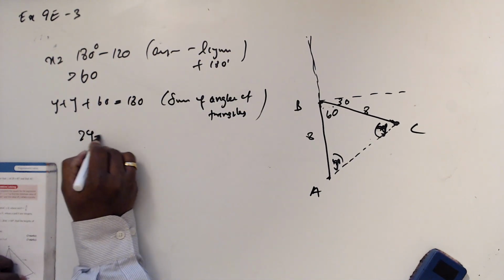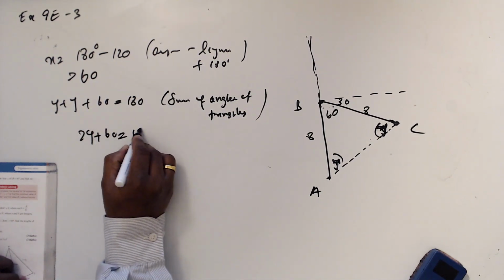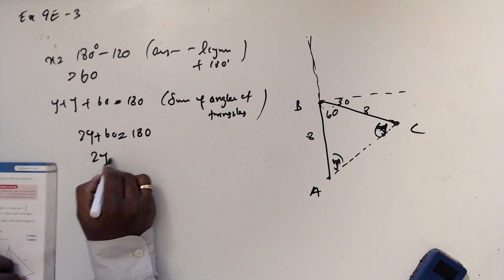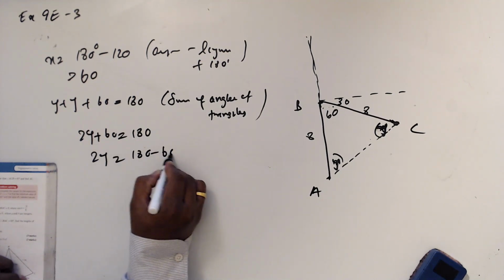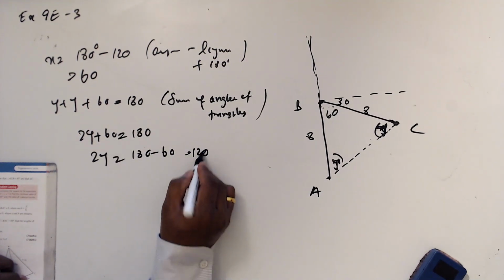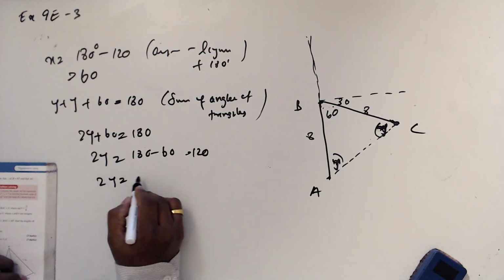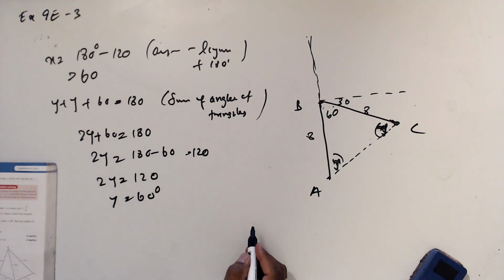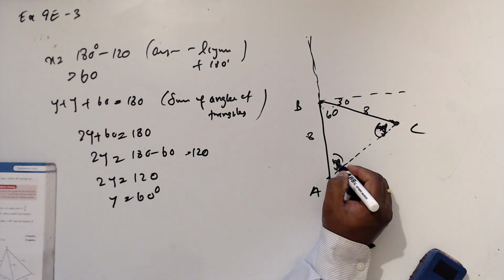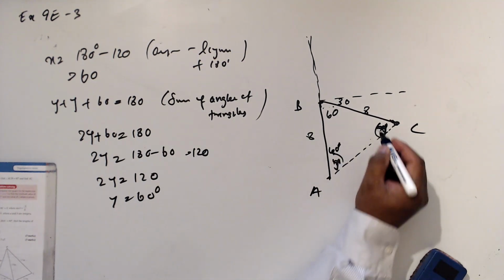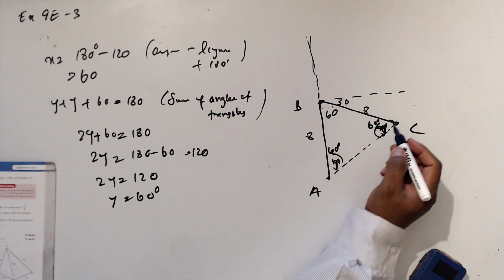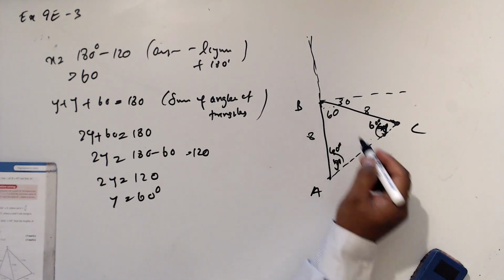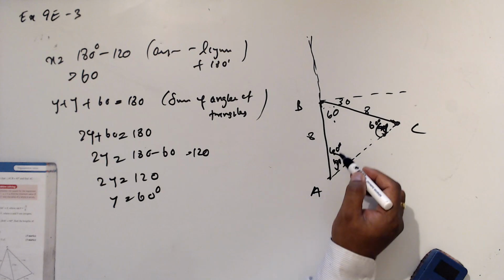So 2y plus 60 equal 180. 2y equal 180 minus 60, which is 120. 2y equal 120, y equal 60. So this is 60 and this is 60. Now this is 60, 60, 60.